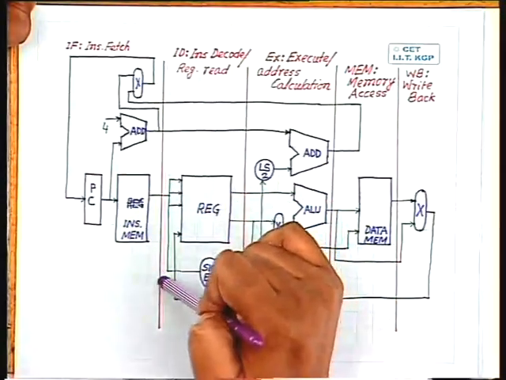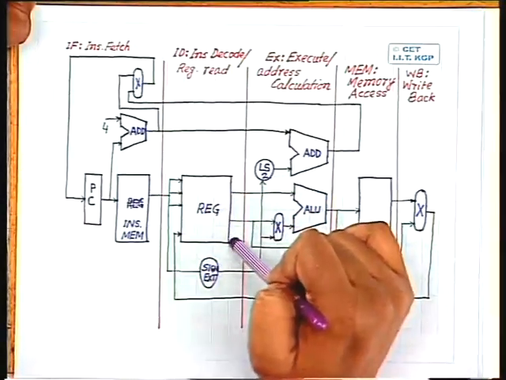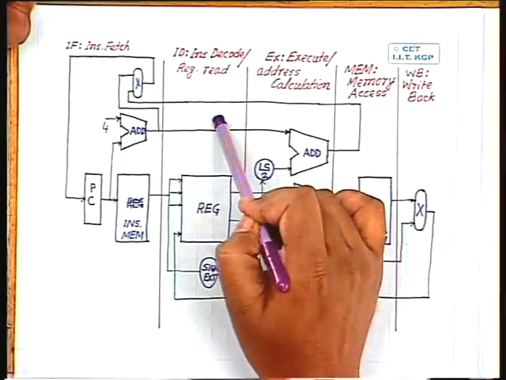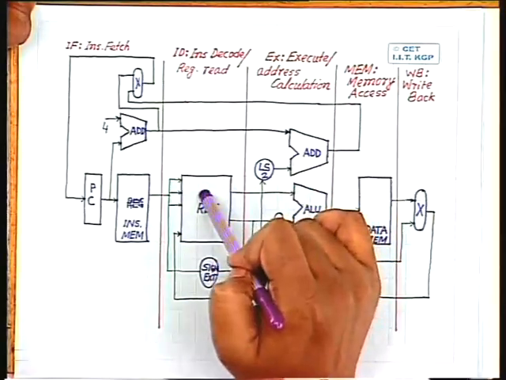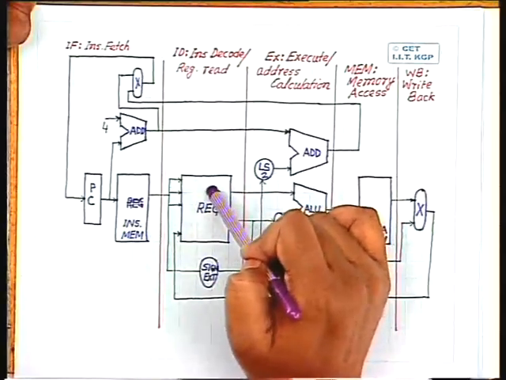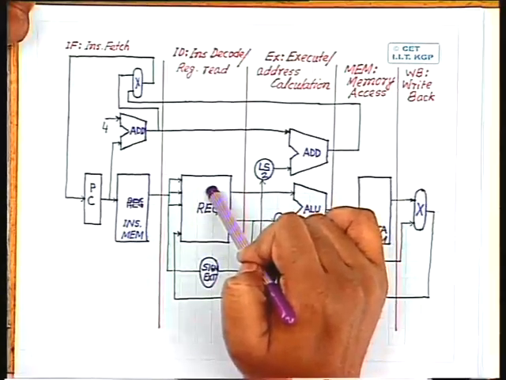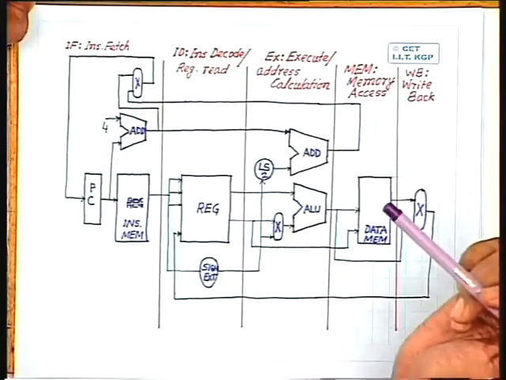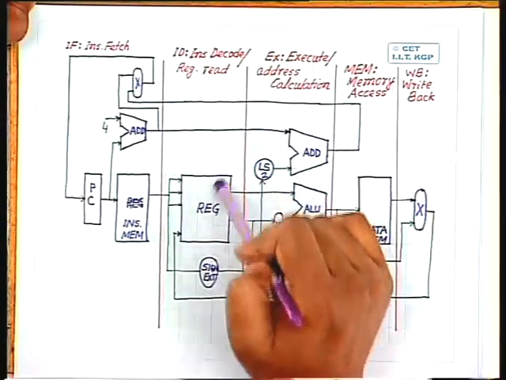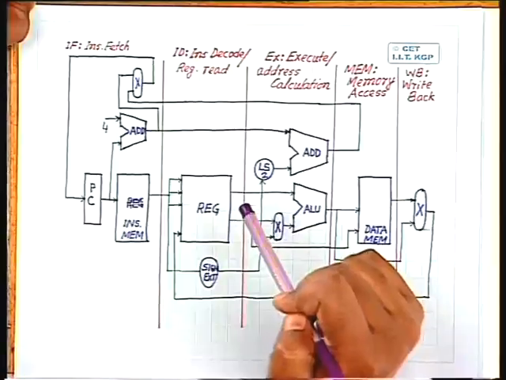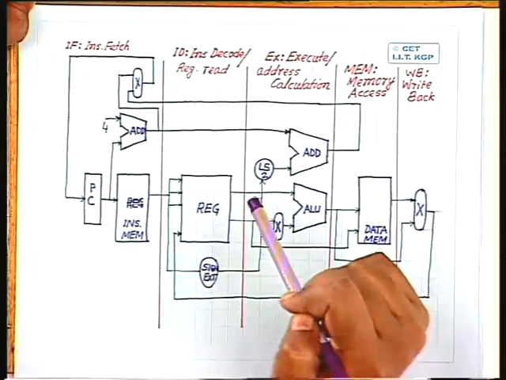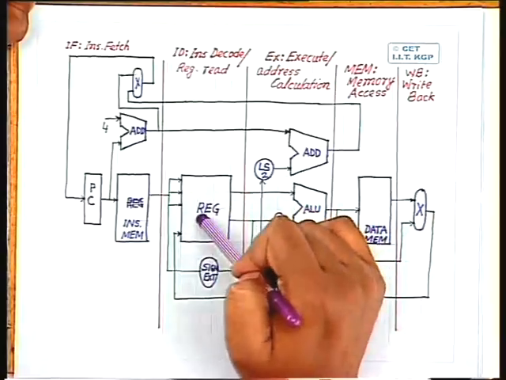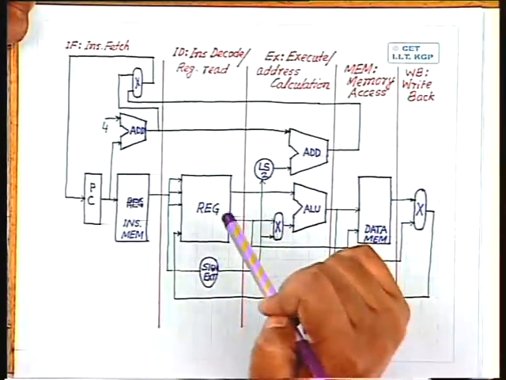Once an instruction is fetched, we have said in multi-cycle implementation that during the next phase what we have to do is decode the instruction. At the same time, we can also read the registers which are specified by the instruction, the values of the registers which are required. Because we don't know what the instruction to be executed is until the instruction is decoded, this reading of registers is done in advance, before knowing what the instruction is.